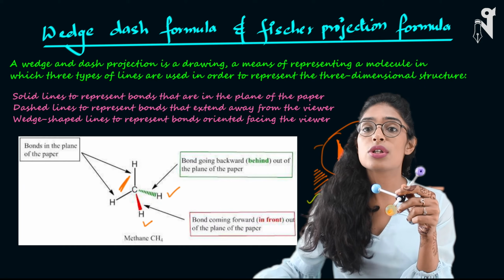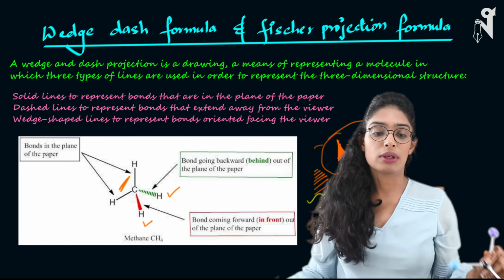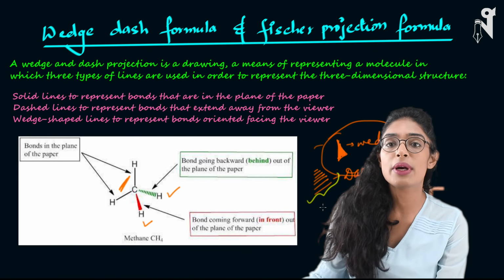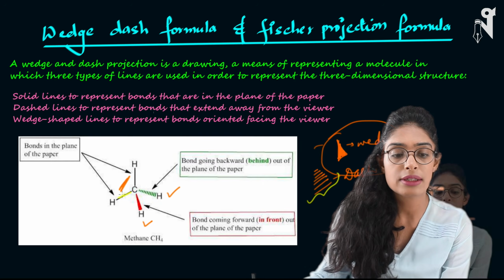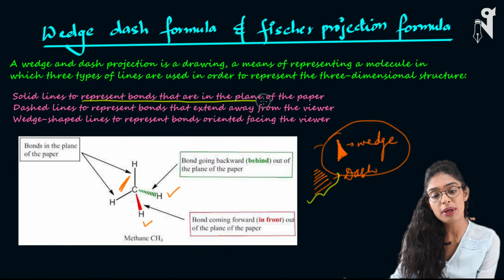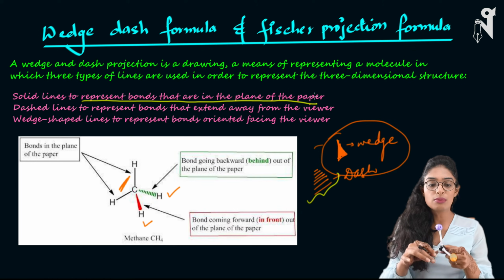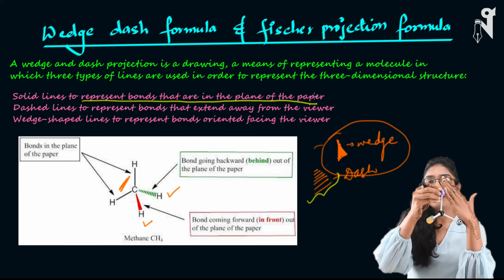This dash representation is used to denote that the bond is away from the viewer. So this is a 3D geometry. The normal solid lines are used to represent the bonds that are in the plane of the paper. As I mentioned, assume these are four different groups and these two are in the plane of the paper.